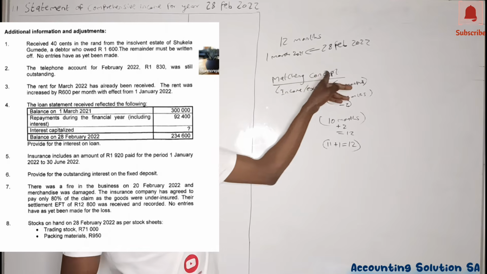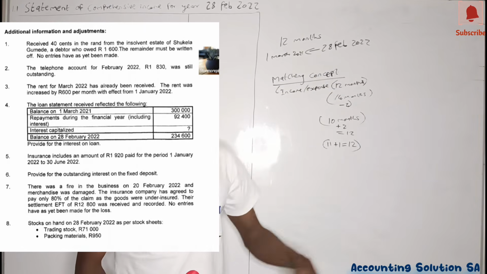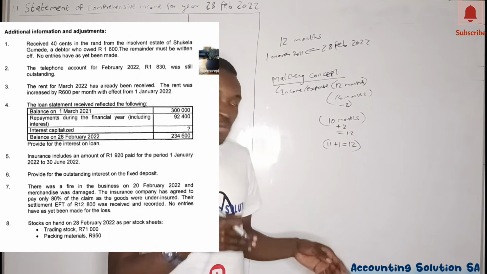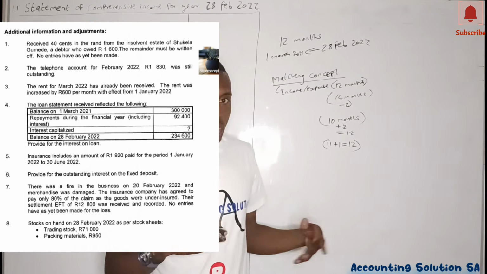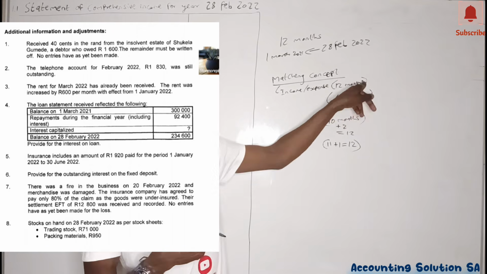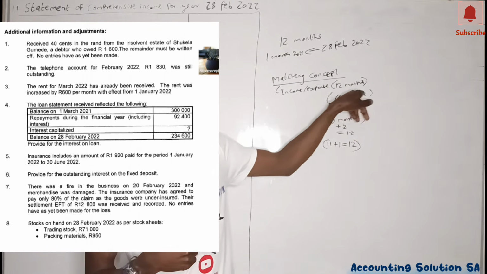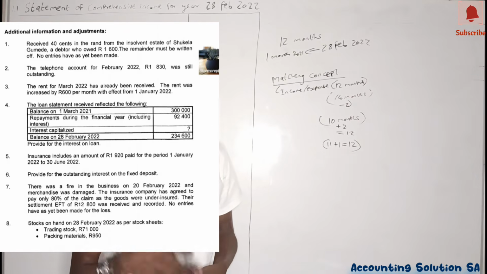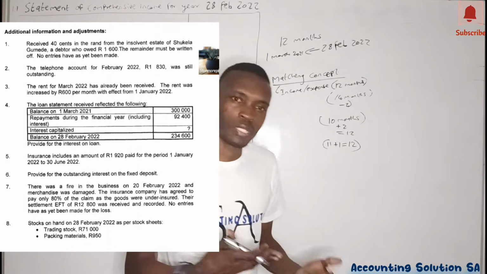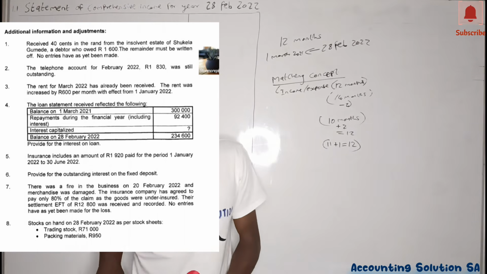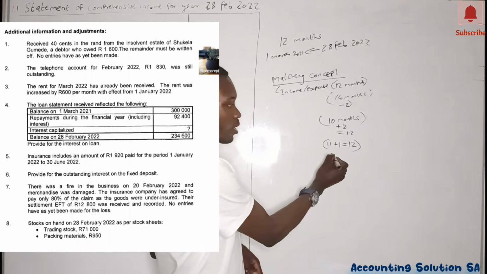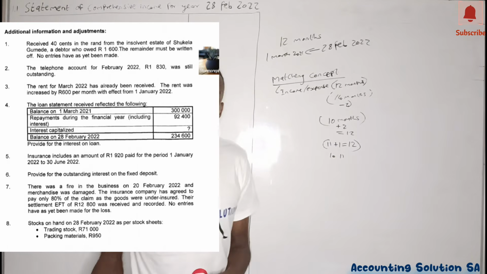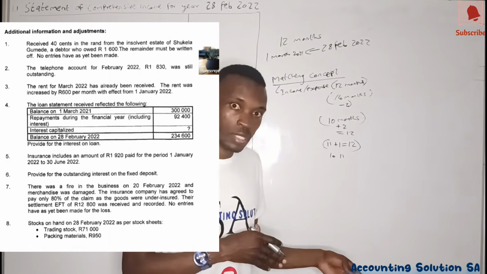That's the matching concept. If they say the balance is still outstanding, it's not yet recorded, which means that we have to add so that it gives us a balance for the whole year, for 12 months. So if they say there is an amount that has not yet been received, it means that they recorded either 10 or 11, because there's some money that has not yet been received.